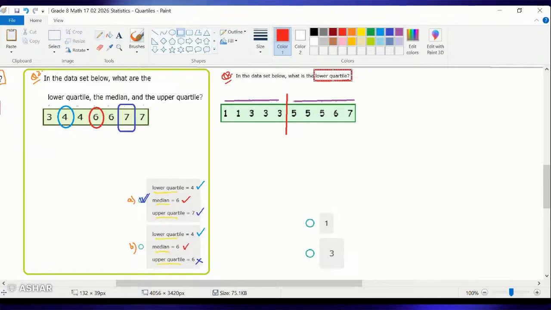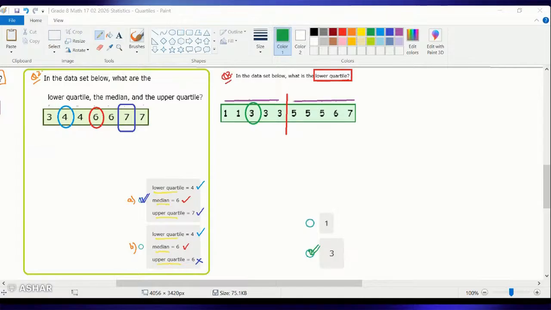So 3 is the middlemost value, and we say 3 is the lower quartile. Agreed? Thank you, HJ. 3 is the lower quartile.